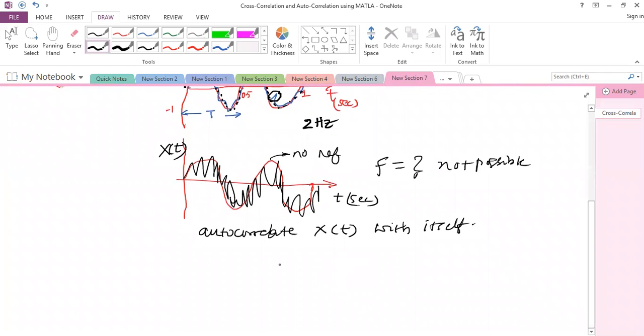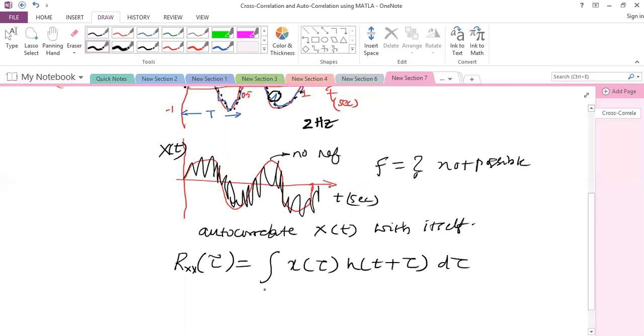So the autocorrelation equation is something like this. Rxx, this is autocorrelation of x with itself, and the shift amount is given by, similar to convolution, x of tau h of t plus tau d tau for all values of tau.